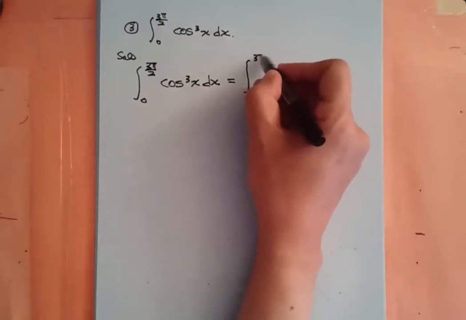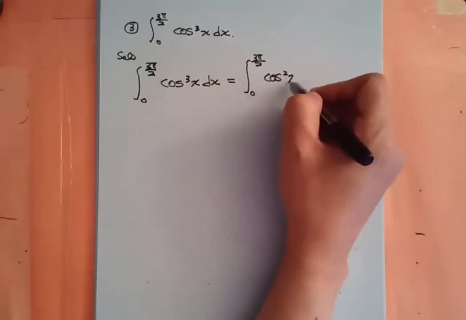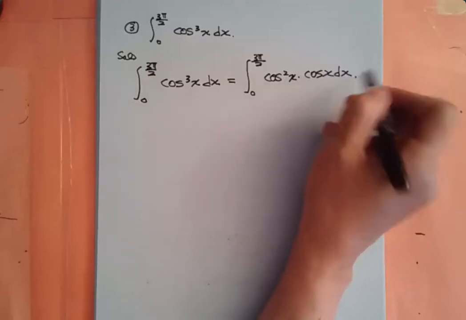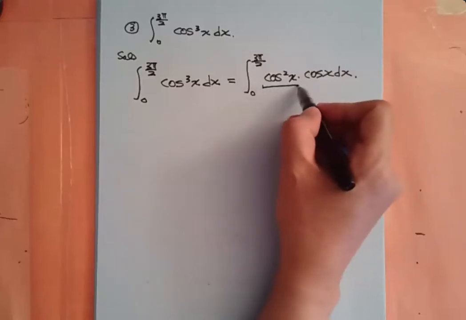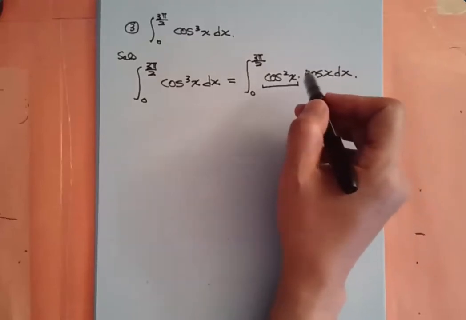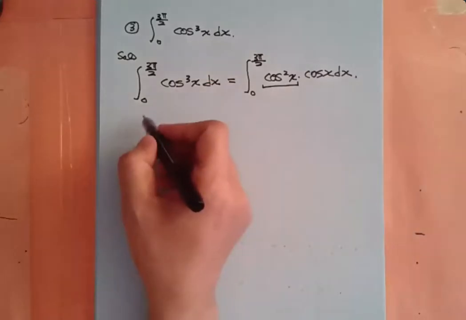If we split the cosine cubed into cosine squared of x times cosine x dx, then when we convert this into sine related terms, this one will become a cosine, or the derivative of sine.